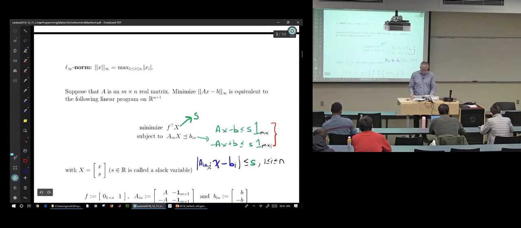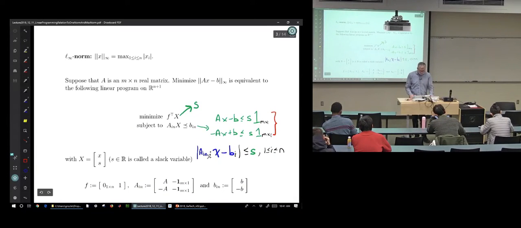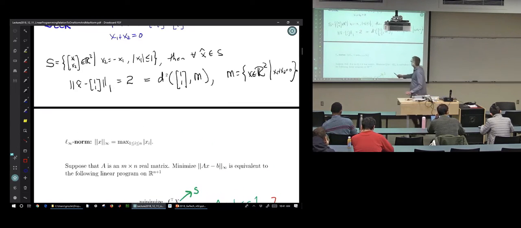So here's the other one that works with that. It's the max norm. So it's just the worst case error. So if the smallest we can make the error in one of the components is 3, and all the others we could make 0, we don't care.